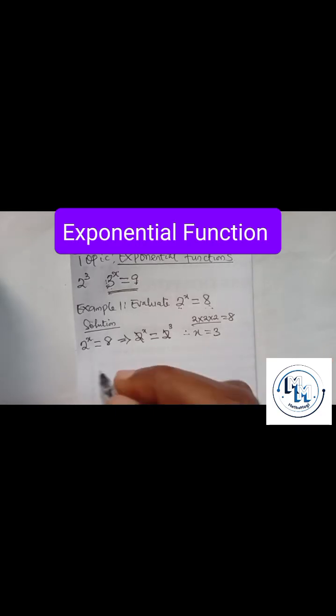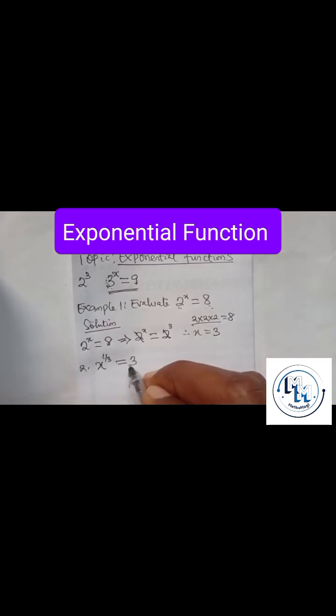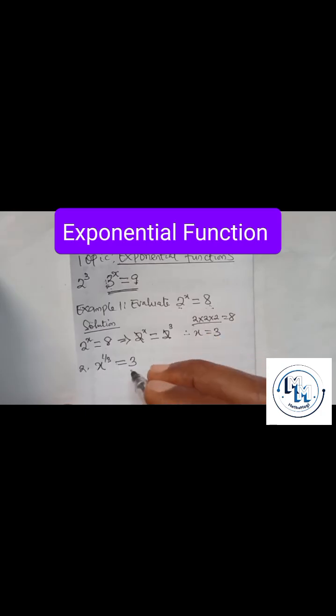As simple as that. Example 2: x power 1 over 3 is equal to 3. Now, your plan is to remove this power here and have the value of x. To do that, you multiply the powers by 3. Remember, this 3 is more like saying 3 power 1.